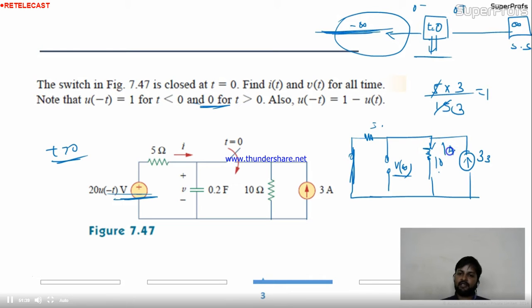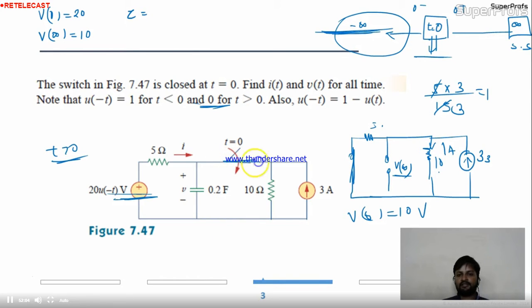The current over here is 1 ampere. So V infinity is nothing but 10 volt. V infinity is 10 volt. Okay. Fine. Now, you had calculated V0. That was 20. You have calculated V infinity, 10. Now you need tau. Tau you have to calculate.